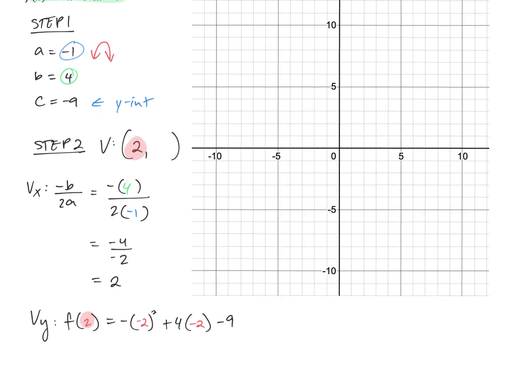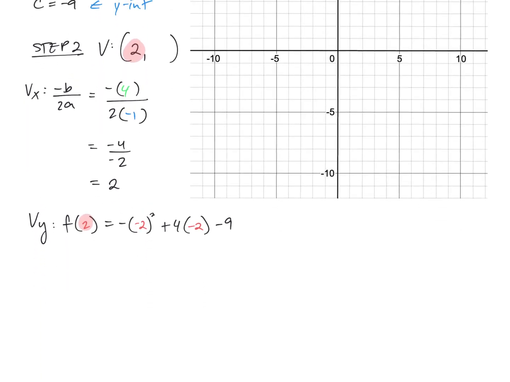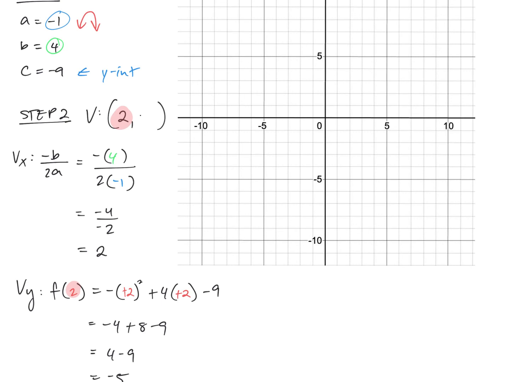I put in a -2, that should be a +2. Okay, so that's going to be -4 plus 8 minus 9. So that'd be 4 minus 9, which is going to be -5. So my y value is -5.